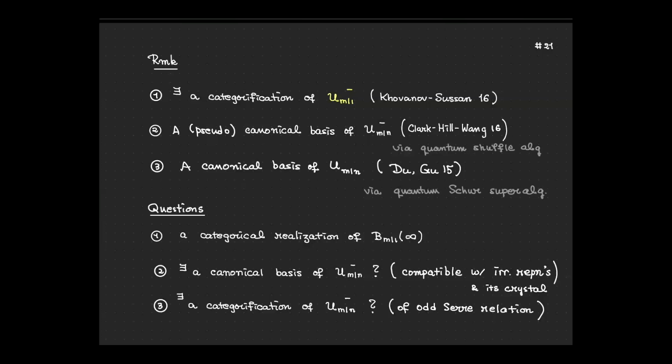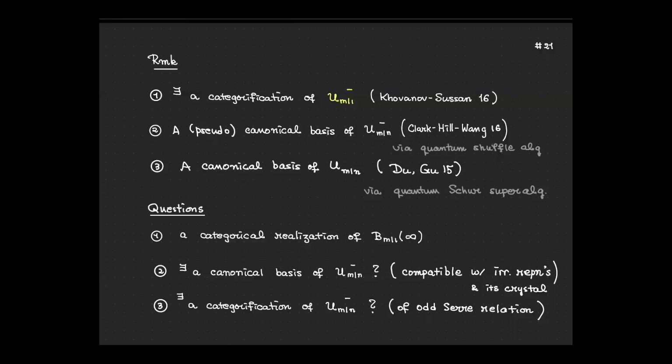Clark, Hill, and Wang introduced the pseudo-canonical basis. In the super case, it is very difficult to think of a Lusztig transformation, a kind of automorphism.